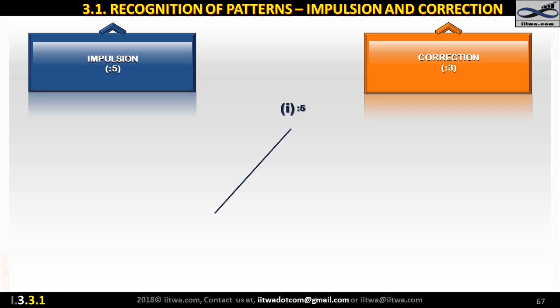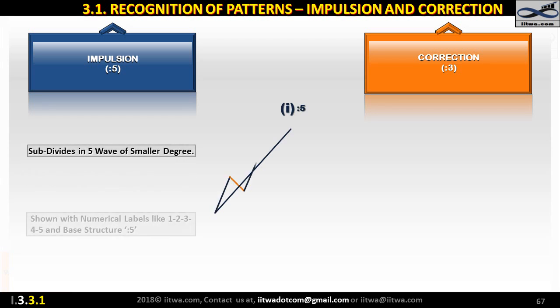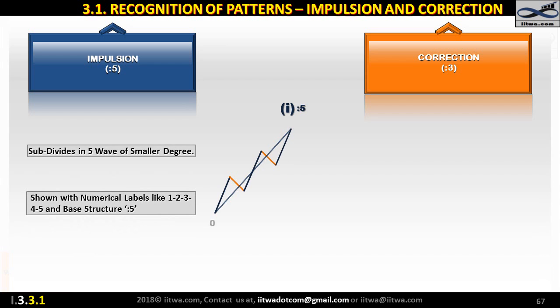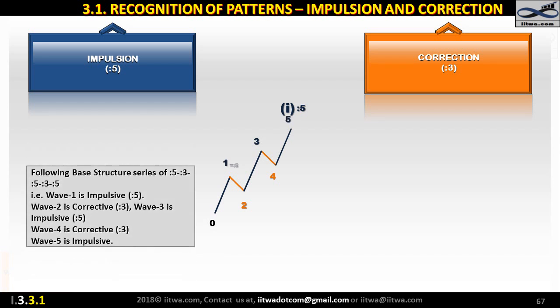An impulsive wave is subdivided into 5 smaller degree waves and is labeled with numbers like 1, 2, 3, 4, 5. Among these 5 waves, waves 1, 3, and 5 also have an impulsive structure. Waves 1 and 3 are separated by a corrective wave too. Likewise, waves 3 and 5 are separated by corrective wave 4.